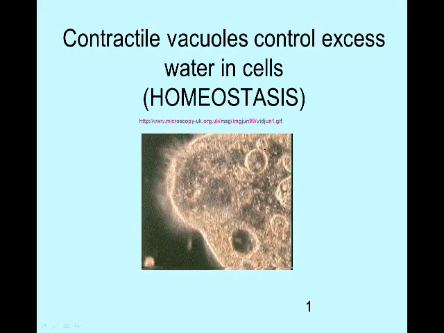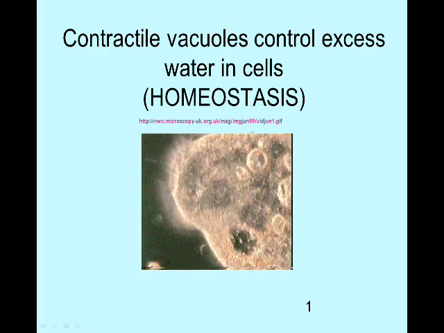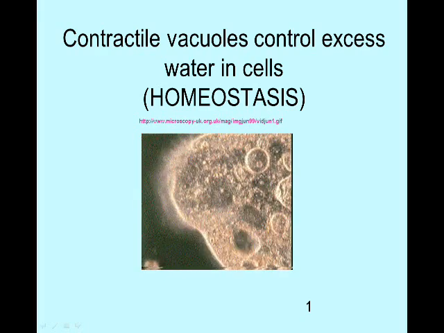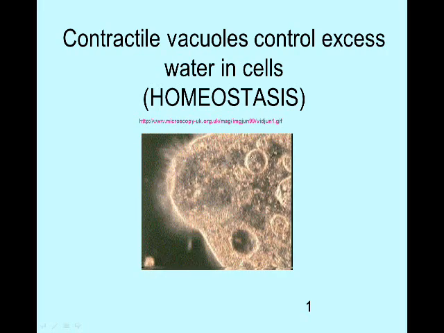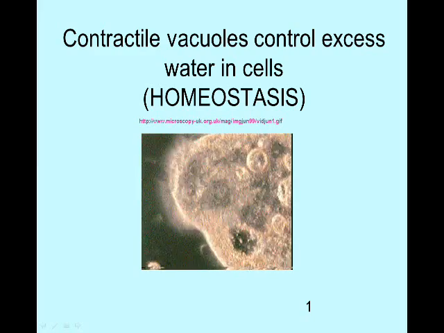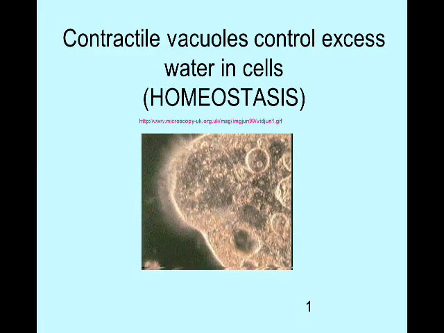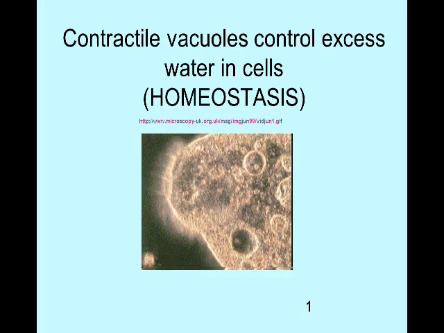Contractile vacuoles have the ability to squeeze and force what's inside of their storage space out of the cell. These contractile vacuoles are very important in controlling water in cells for organisms that live in fresh water. As the water enters the cell, it's going to be picked up and stored in one of those contractile vacuoles.